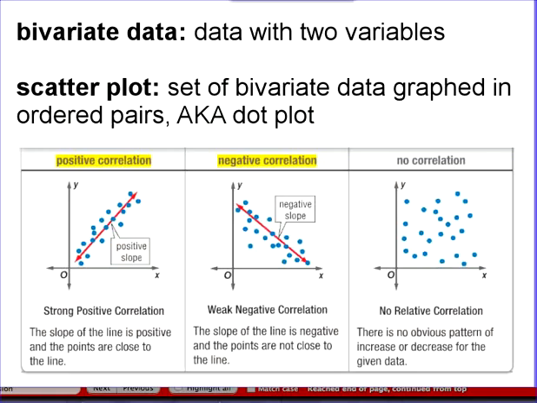Positive. Which of the three do you think? If I were to draw a line, is it going to go up? Is it going to go down? Or is there no way I can draw a line that would fit those points? What do you think?